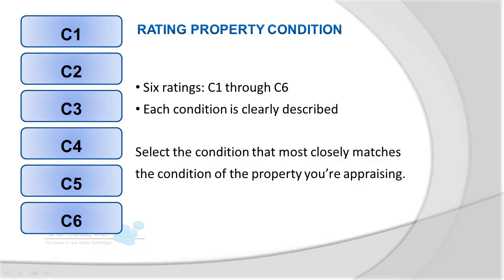You may have to make a guess, and a lot of times there will be several things in a particular definition that flat out don't apply to a particular property. So keep that in mind as you go through. You're going to pick the one it most closely matches. What that means is if you've got a property that has some things in common with C3, some things in common with C4, it's still your opinion as to which one it most closely matches.